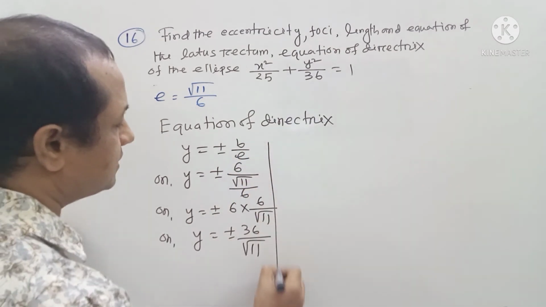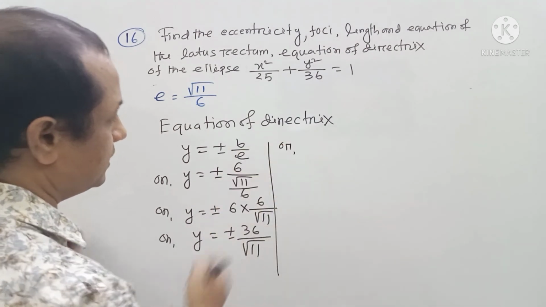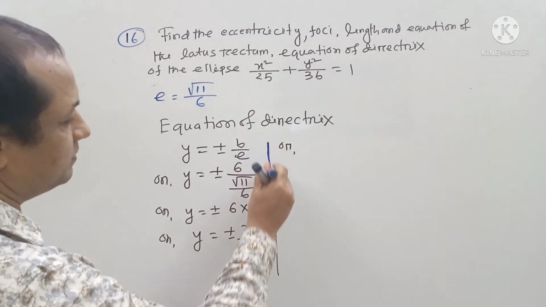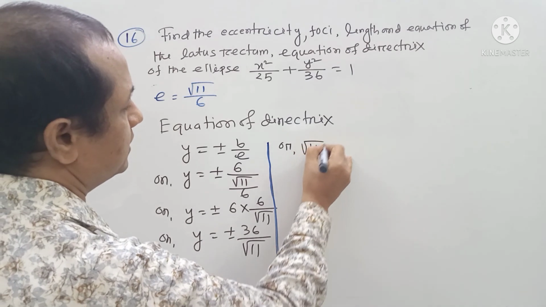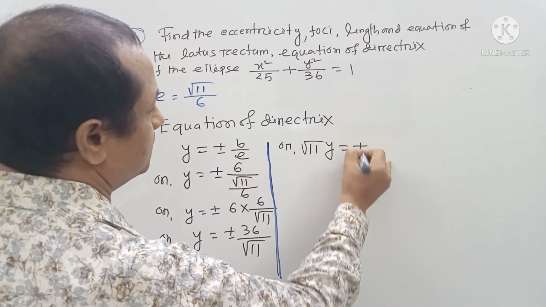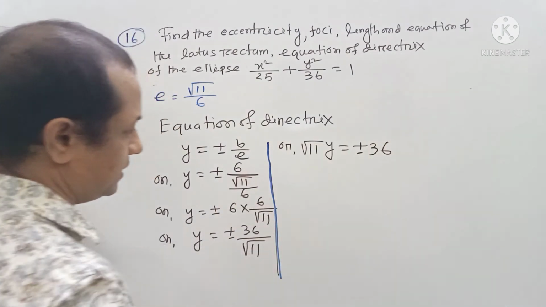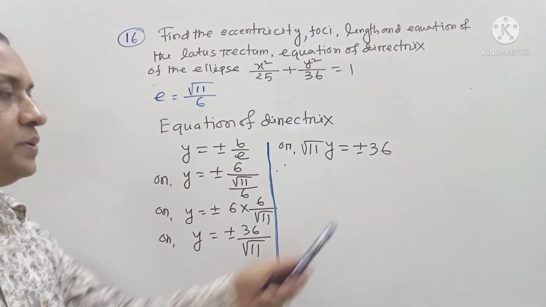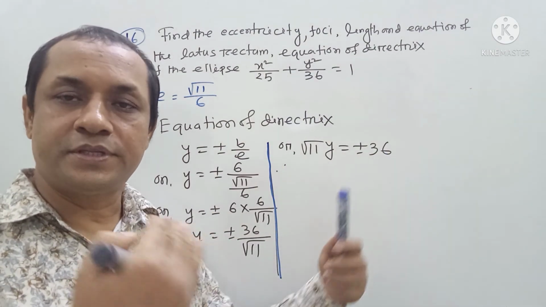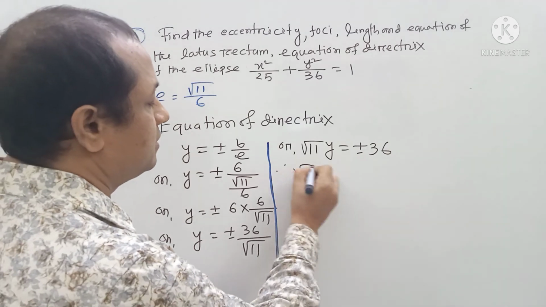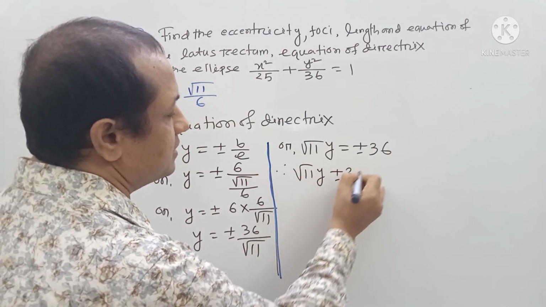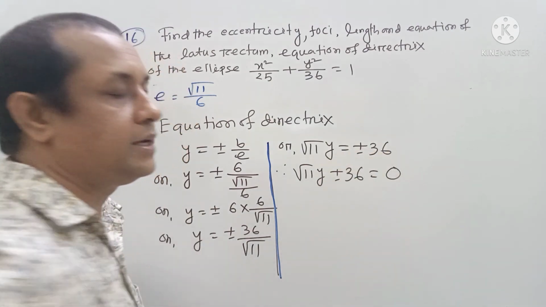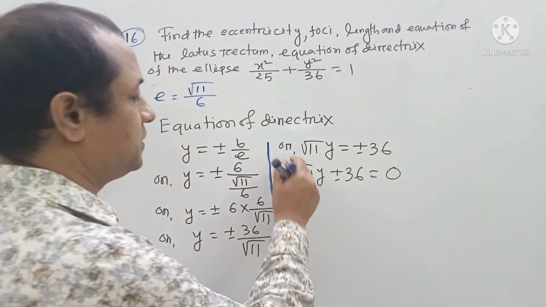Now cross multiplication, then we get root over 11 y equals plus minus 36. Now student, take all the expression to the left side. So we have root over 11 y plus minus 36, and right side will be 0.